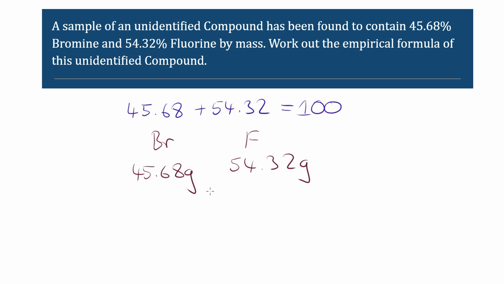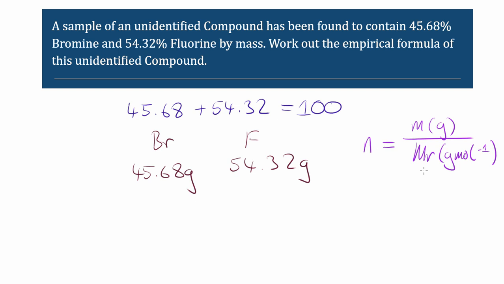Now, at this stage, what we're going to do is try and convert this to amounts of substance. So effectively, we're going to convert it to moles. And how do we do that? Well, as we would know, the relationship between moles and mass is n equals m in grams divided by the molar mass in grams per mole.